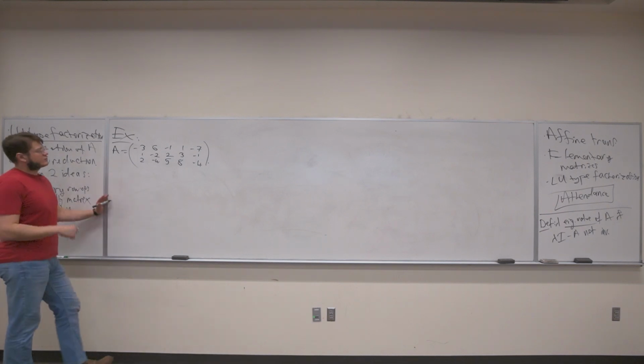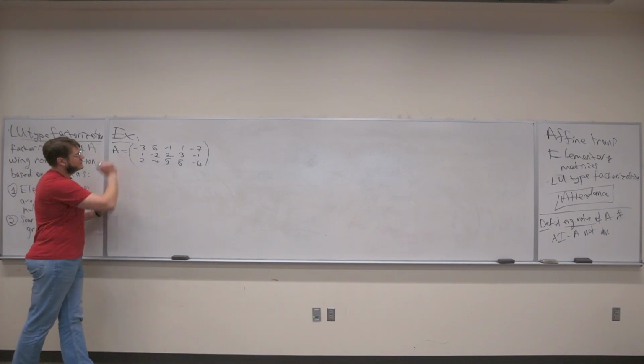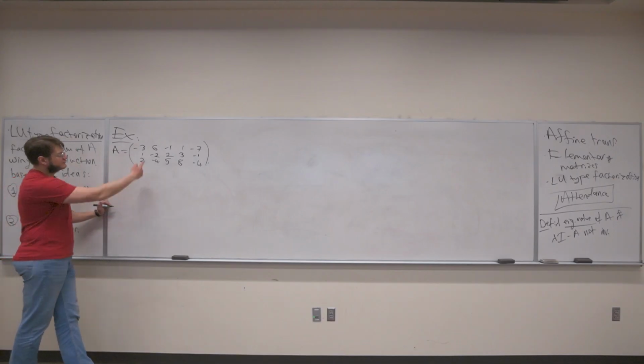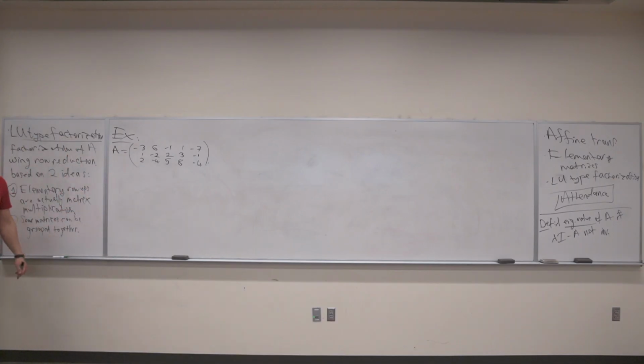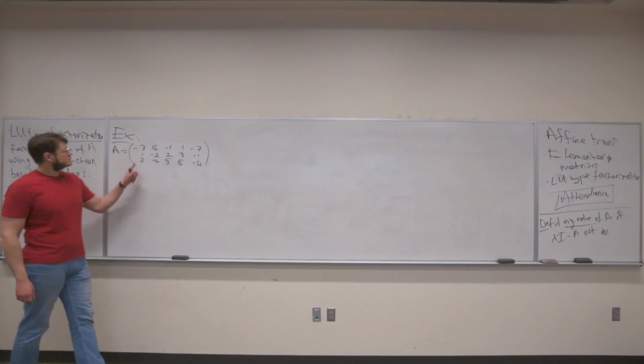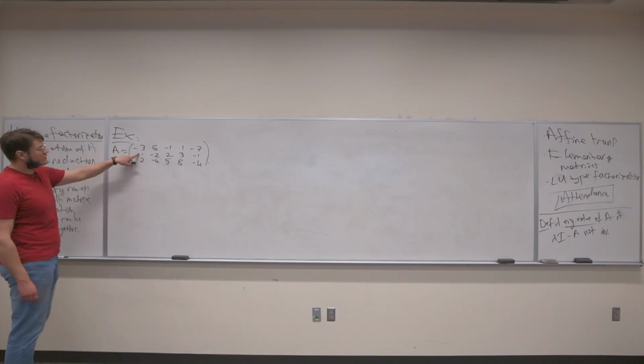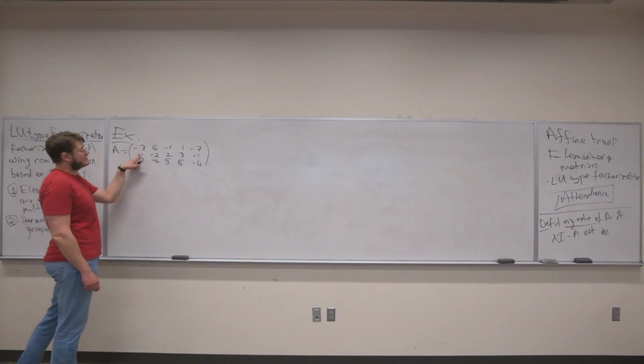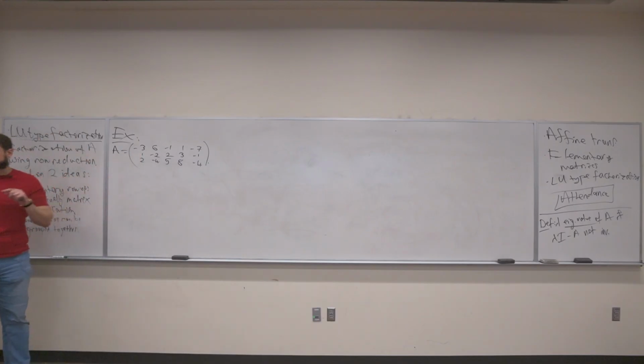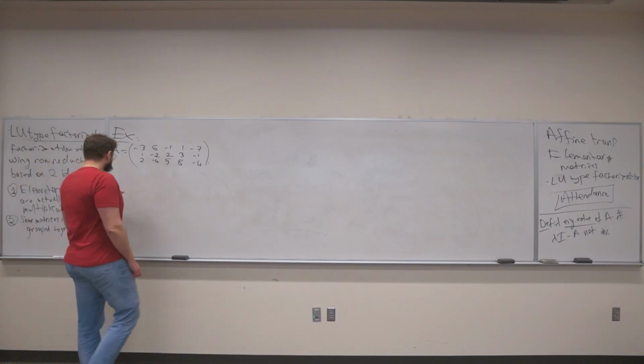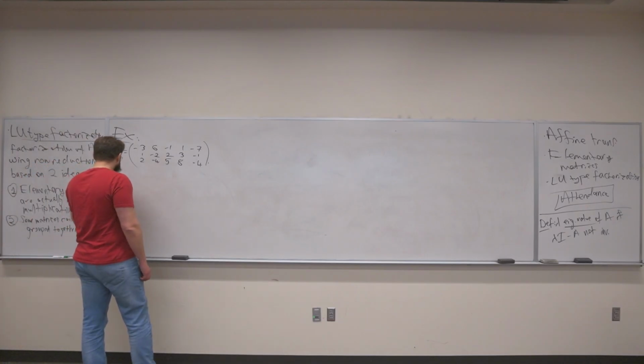What I want to do first is use minus 3 to get rid of this one and this 2. I don't want to have divided by 3 there. So first I'm going to multiply the second row by 3 and then add the first row to the second row, to row reduce. And so look at this.